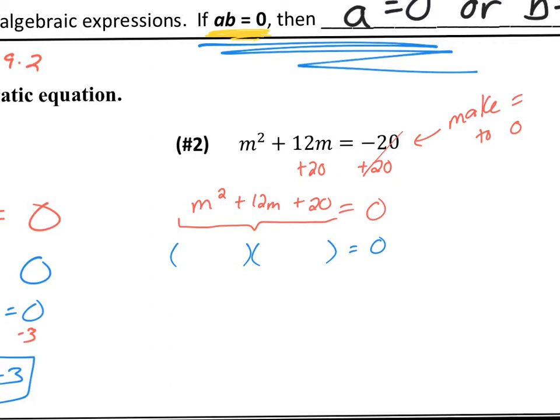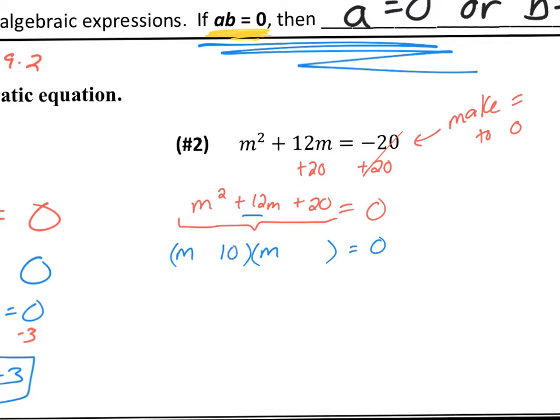What multiplies to m squared? M times m. What multiplies to positive 20 that could give us 12? 20 and 1, 4 times 5, 10 times 2.